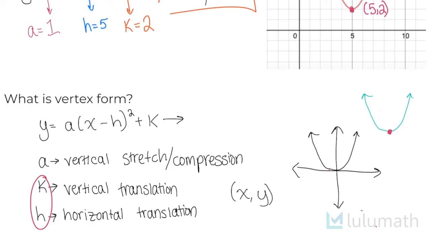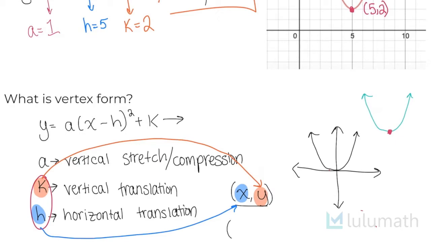So if you notice, it's the h and the k values that will have an effect on where the vertex is. Now remember, a point is always written as an x coordinate followed by a y coordinate, and because h represents the horizontal translation, that will go in for x. And because x is horizontal, h will go in for x. And because y is vertical, k will go in for y, making my vertex h, k.